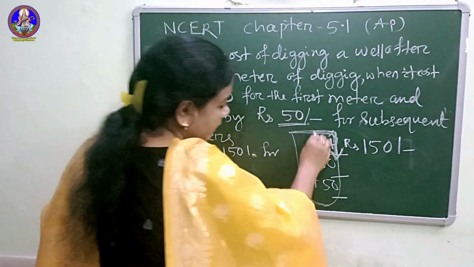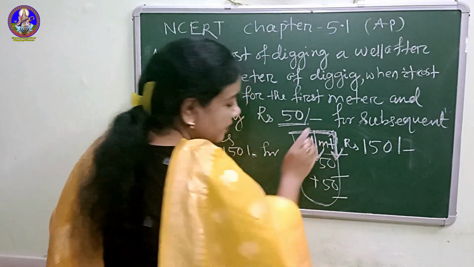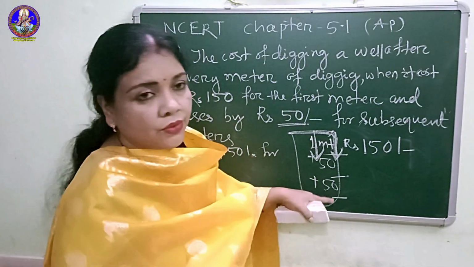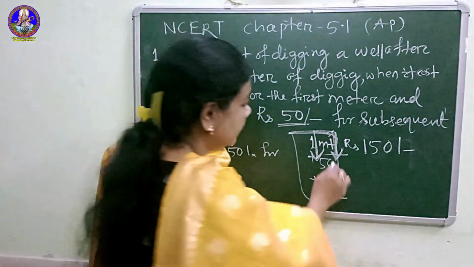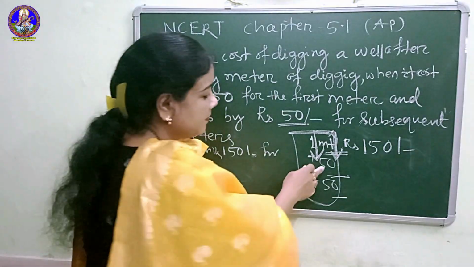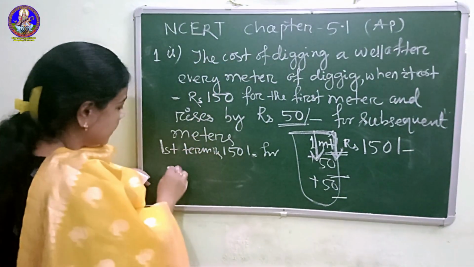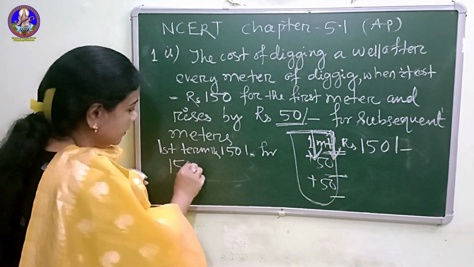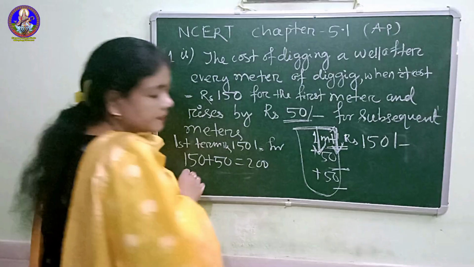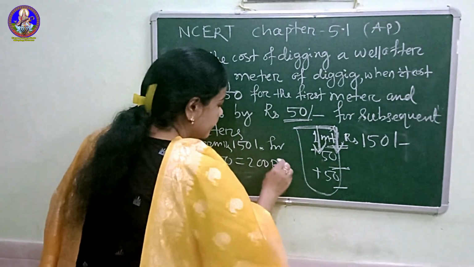And gradually you go on digging. After every digging of 1 meter, your fare rises by 50, so the second term is 150 plus 50, that means rupees 200.